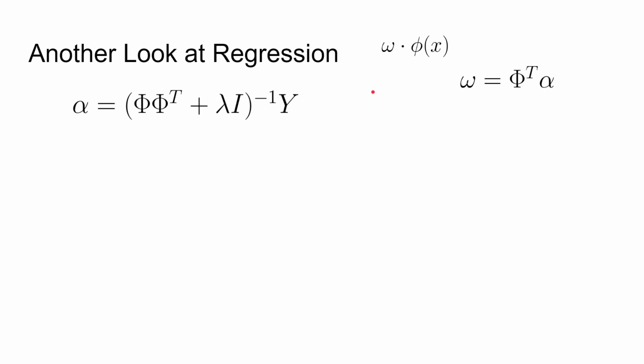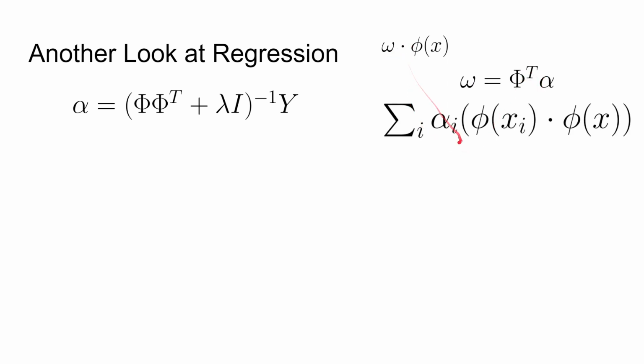Just to be a little bit clearer here, once we've got these alpha values, what do we do with them? If I've got a new data point and I want to know what the predictions are, I'm supposed to take the features of that new data point and do the dot product with omega. But if omega is just a weighted sum of my features, then I can rewrite this.